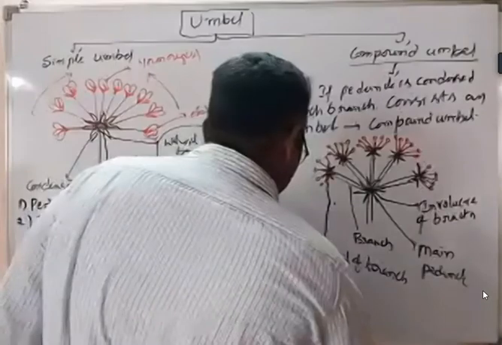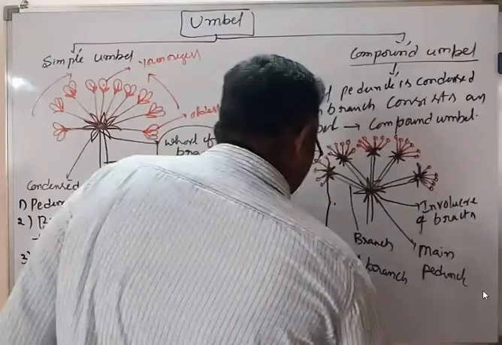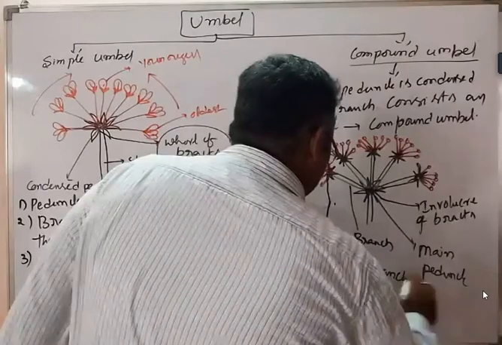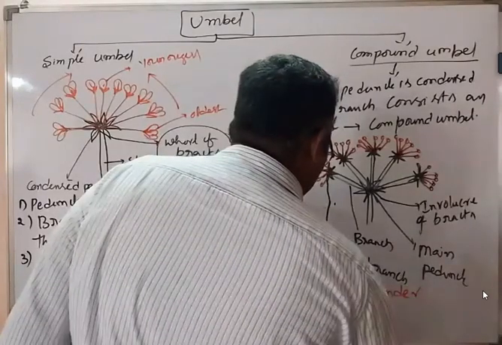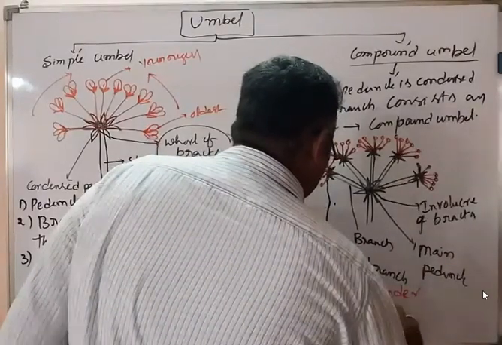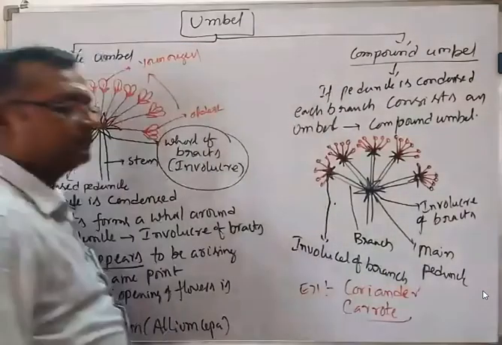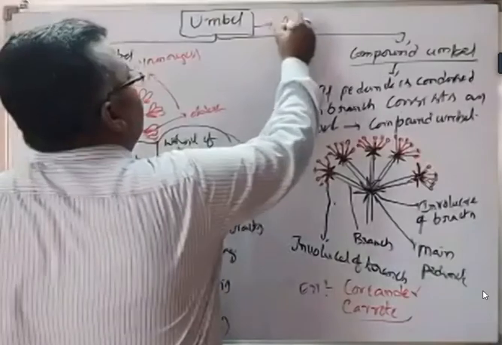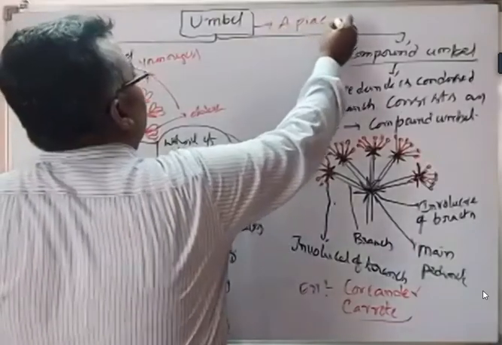Example, coriander and carrot. It is characteristic of the Apiaceae family.